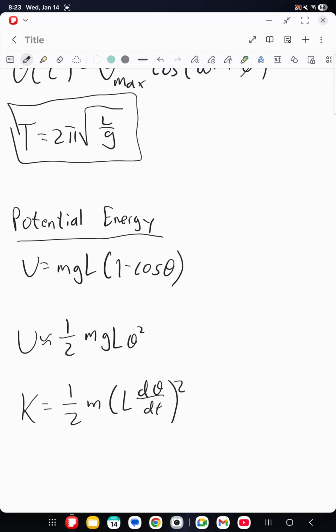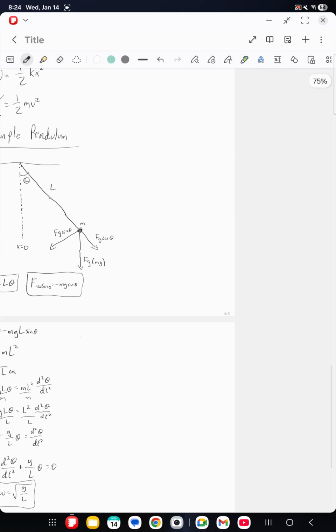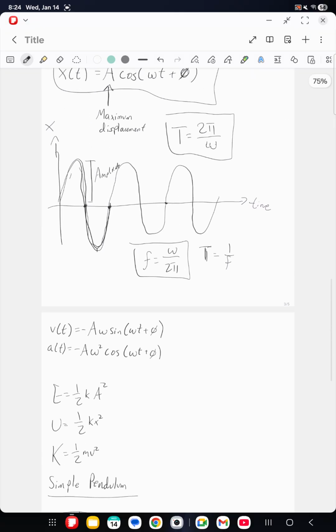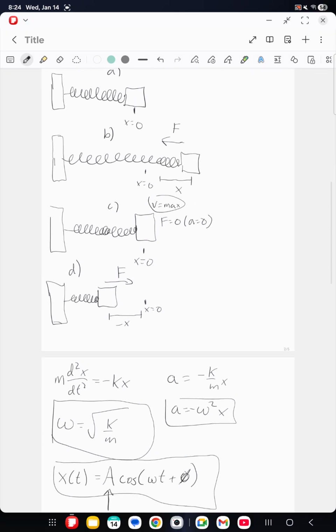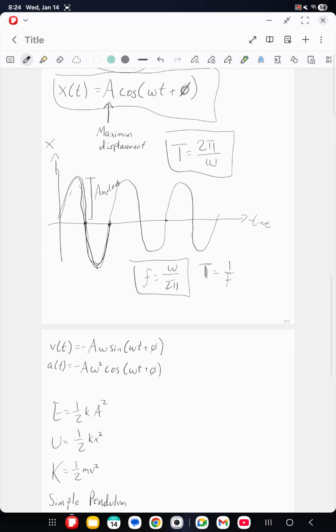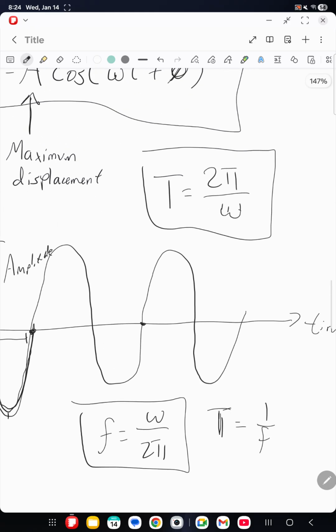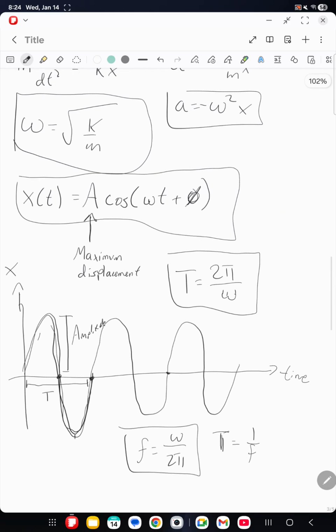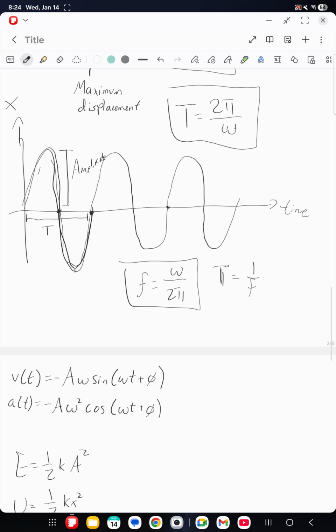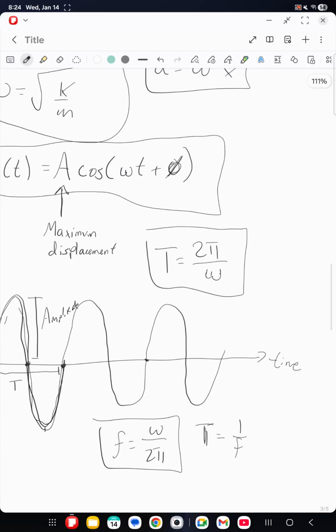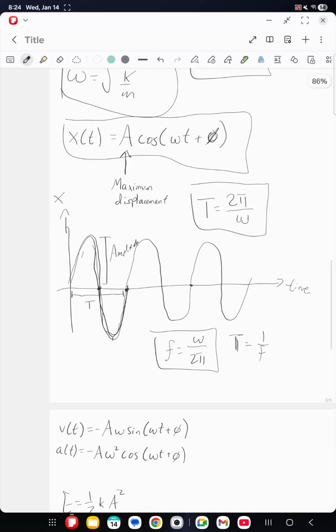So this is basically all there is to know about simple harmonic motion. We could see what the period is, the time to take a cycle. We could see the amplitude of the waves, and just like you saw waves in the unit circle, you could also see the phase circle to understand what's going on.